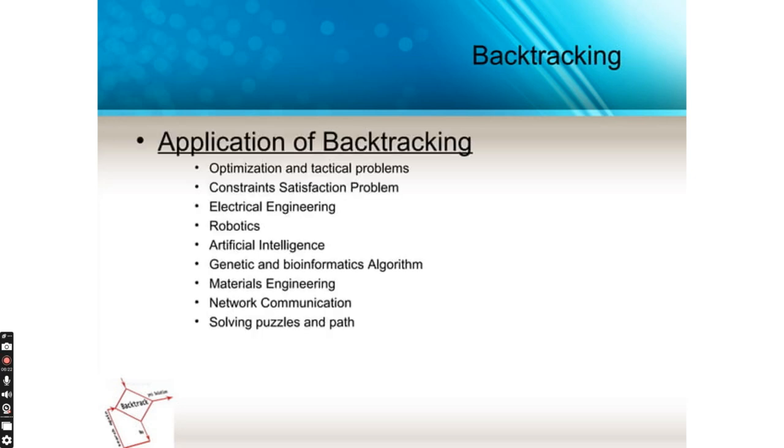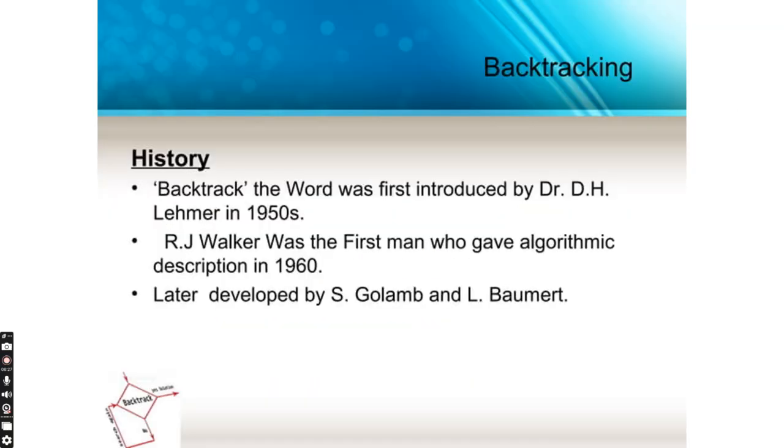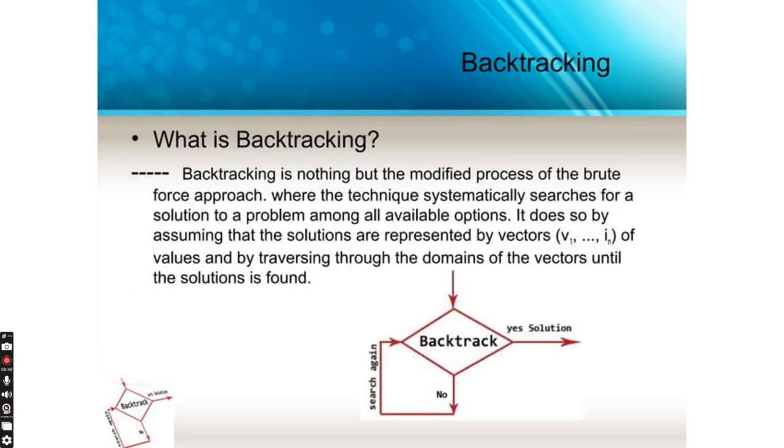Just recall the information we learned today. First, the history of backtracking from 1950s till date. It emerged in 1950, and slowly the algorithm was found in 1960 and later developed by S. Golomb and L. Baumert. The definition of backtracking is a modified version of the brute force approach.